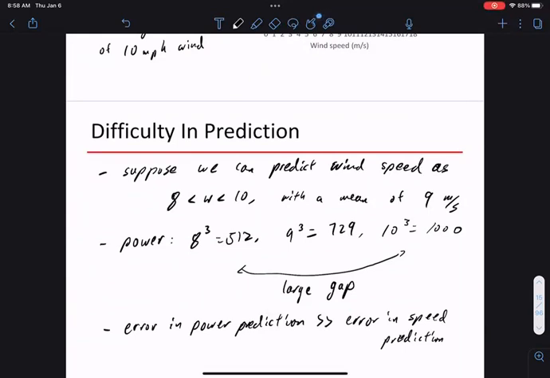It's not that we can predict speed. It's that even if you get speed, power, because you're cubing it, just magnifies the error.